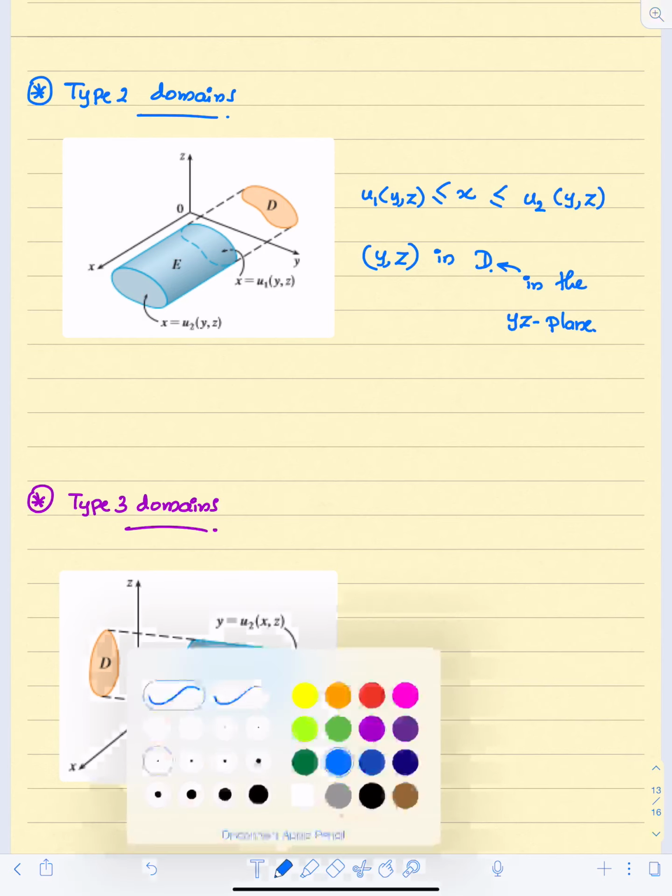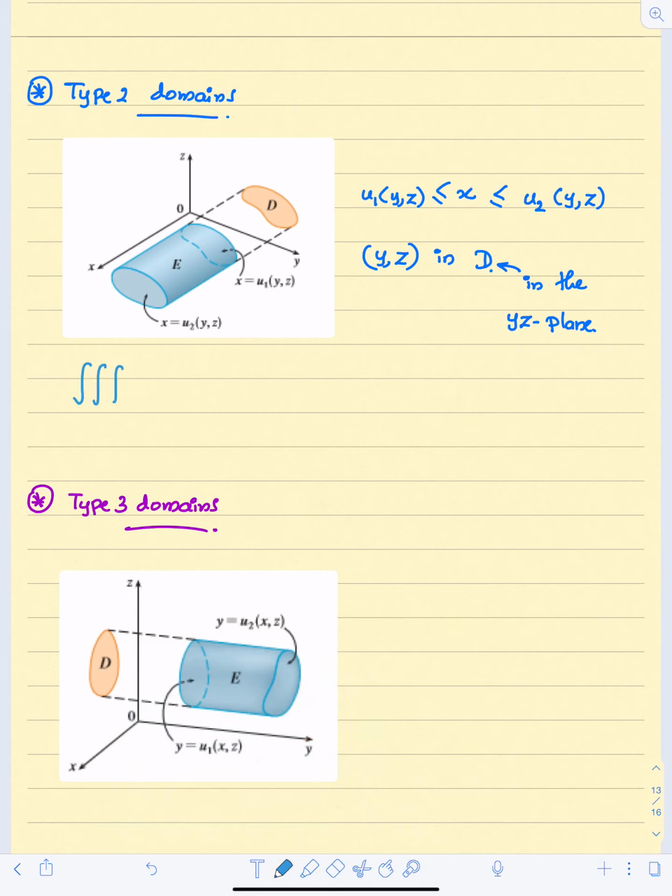Now in this case, the triple integral of f of x comma y comma z dV over the solid E equals the double integral over the domain D. We have the inner integral that corresponds to the x variable, and the limits of the inner integral are u1 of y comma z and u2 of y comma z.